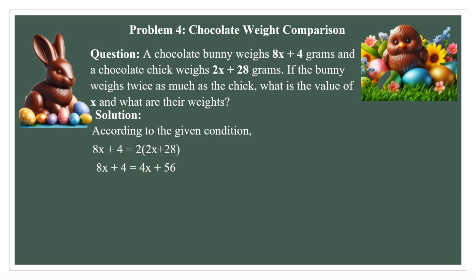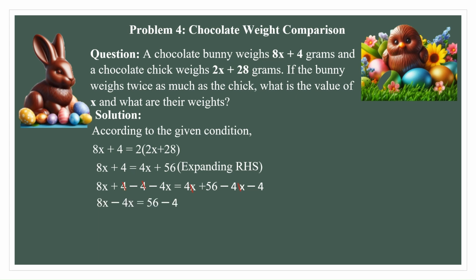You proceed as before by expanding the right hand side and then remove 4 from both sides and also 4x from both the sides, and we get 8x minus 4x is equal to 56 minus 4, which gives 4x is equal to 52 and therefore x is equal to 13.